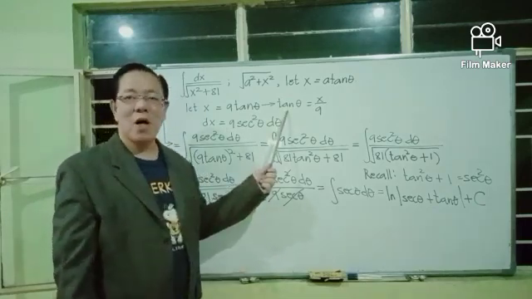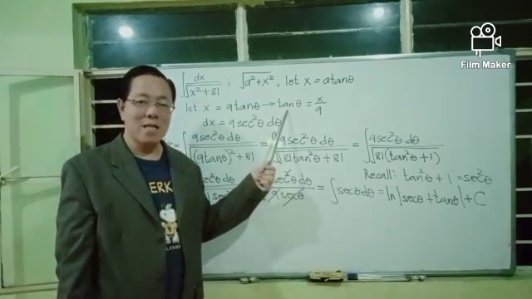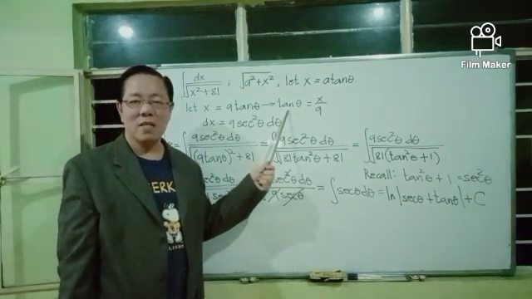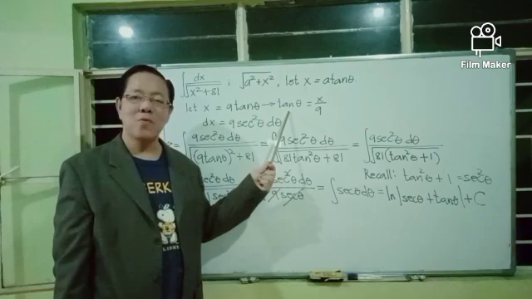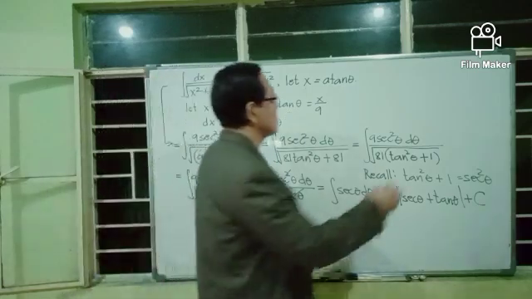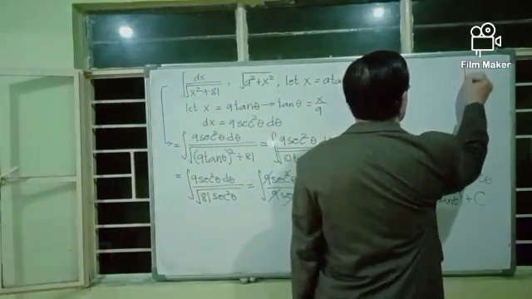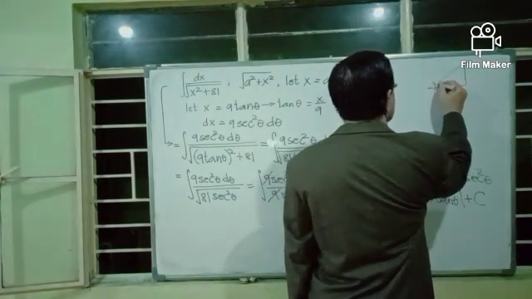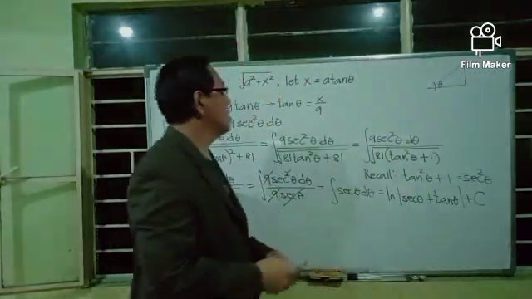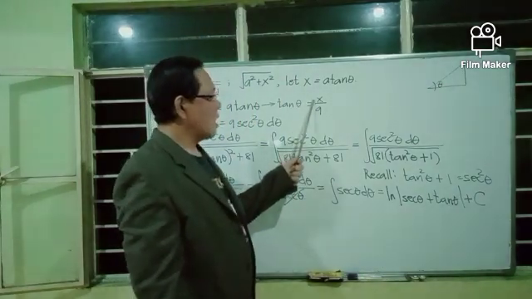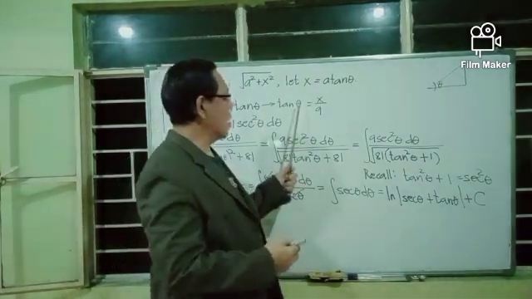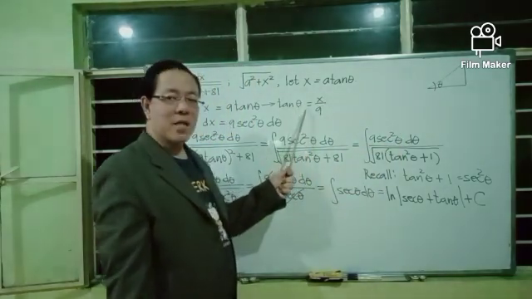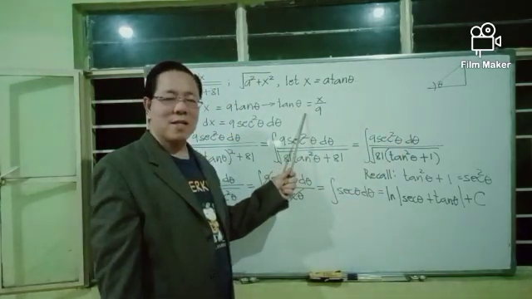By definition, tangent theta is equal to the ratio of the opposite over the adjacent. x is the side opposite the acute angle theta in the right triangle.